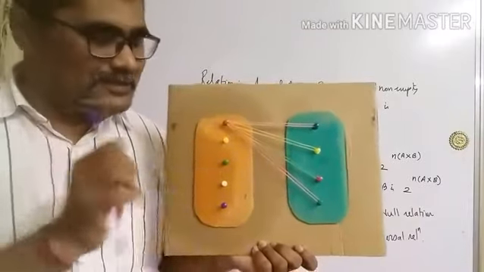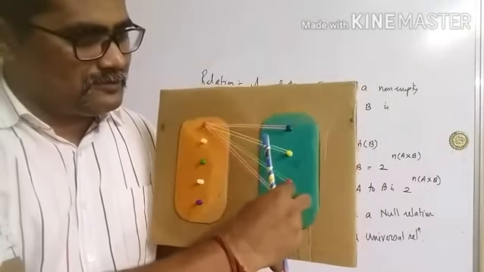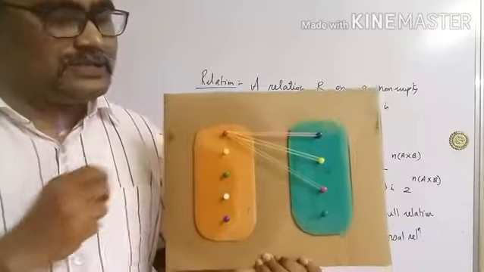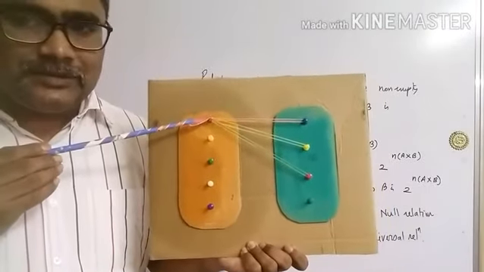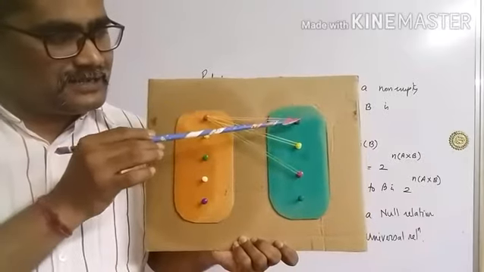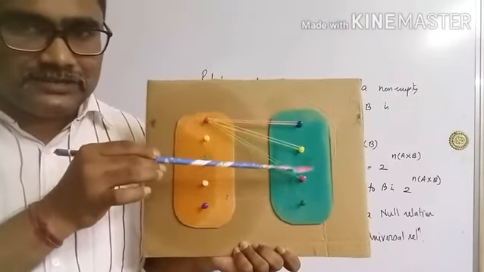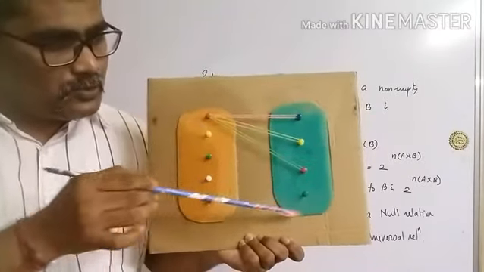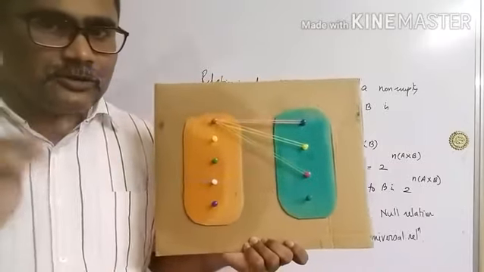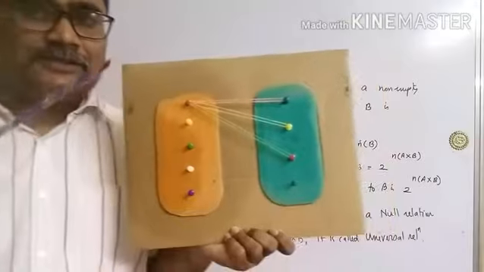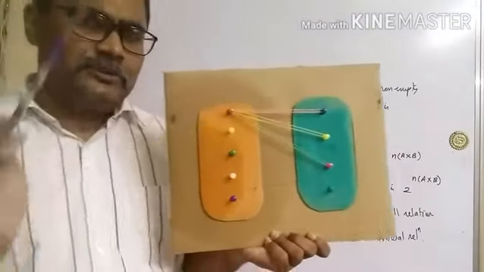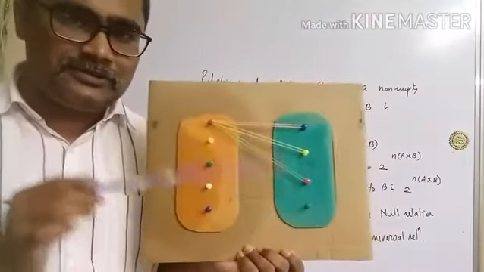But if I remove this rubber band for a moment, then you can see the domain is this singleton set, and the range is the set of these three elements, whereas these whole four elements give you the codomain. Am I clear enough? If not, replay the video and try to see this.